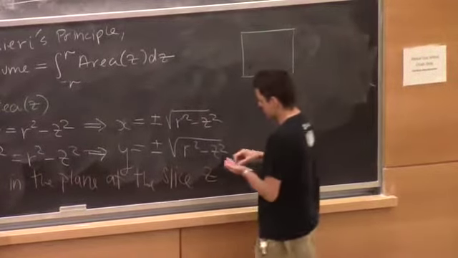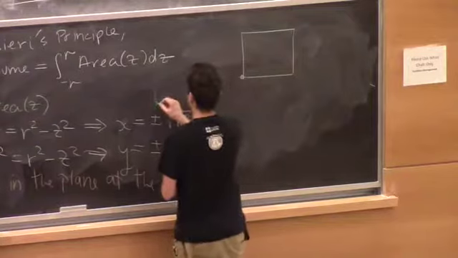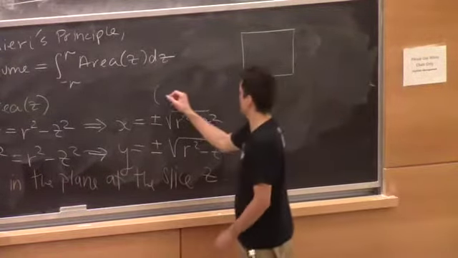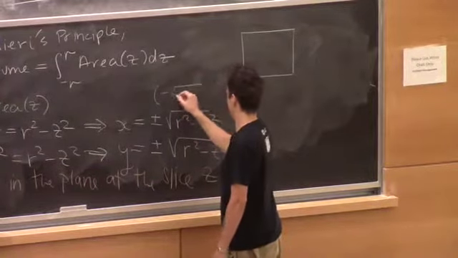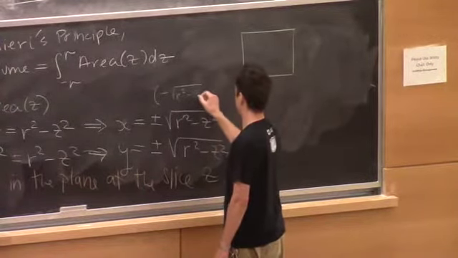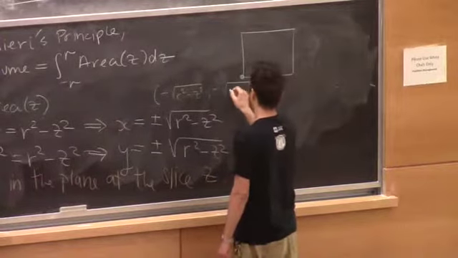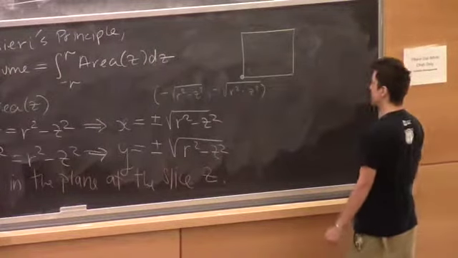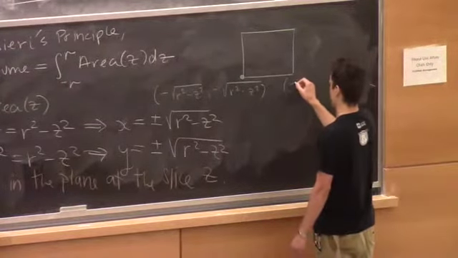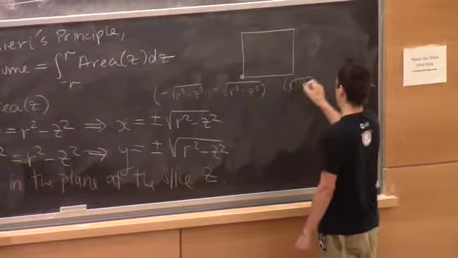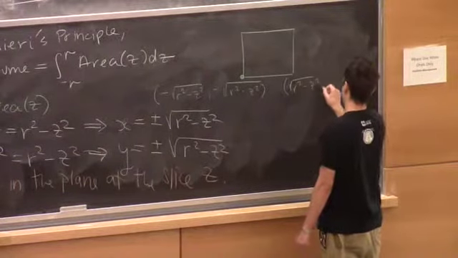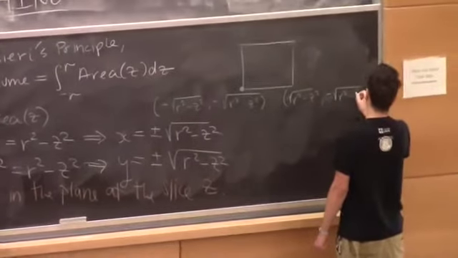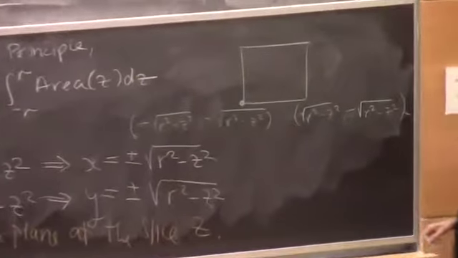Okay, and the vertices of that square are given by these coordinates here. So we're going to get the bottom left corner. Bottom right.